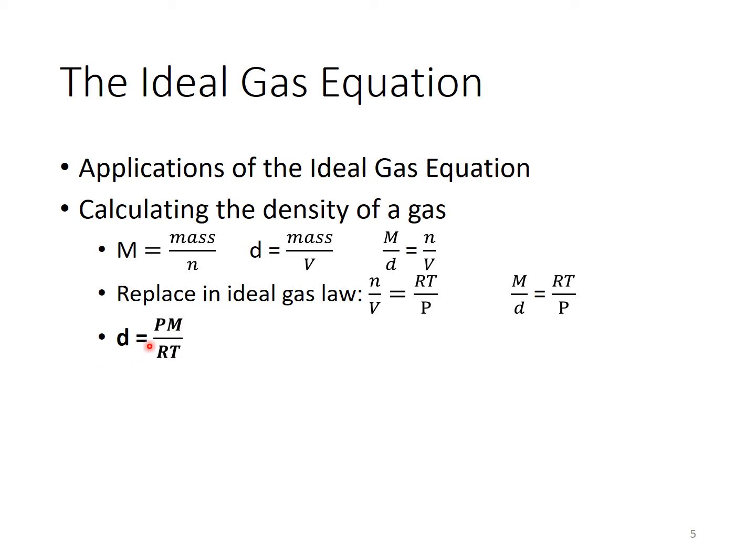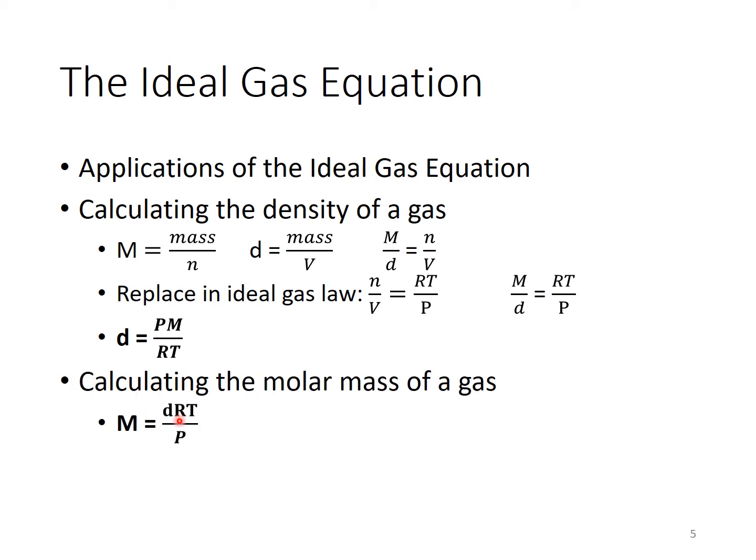Or I could also solve for M in this, and so I could get the molar mass: molar mass equals the density times RT over P. A lot of times, I wouldn't necessarily memorize these two equations, because you can get to them just by knowing the definitions and the units associated with density and molar mass, and use the ideal gas law and replace those.